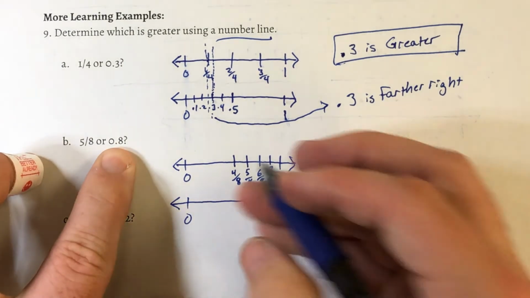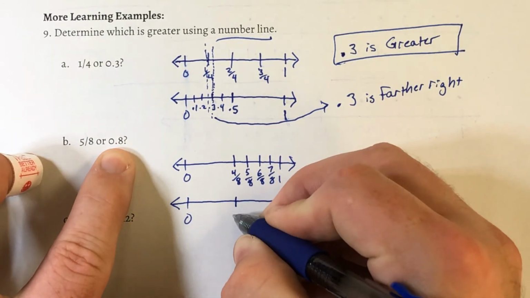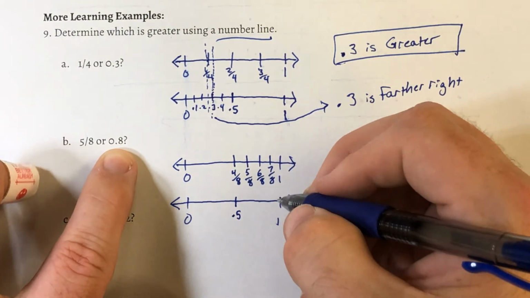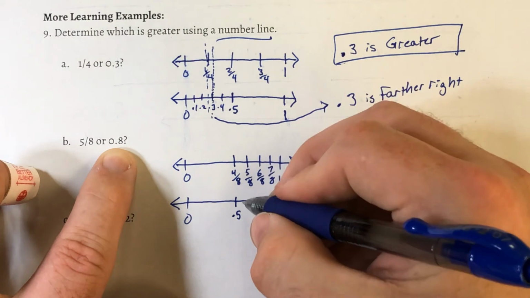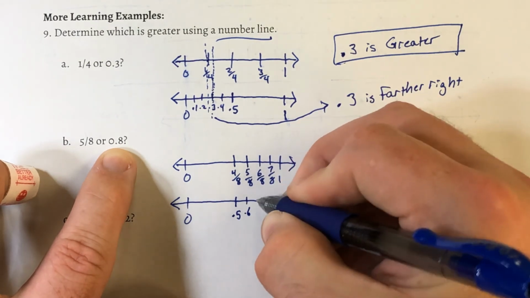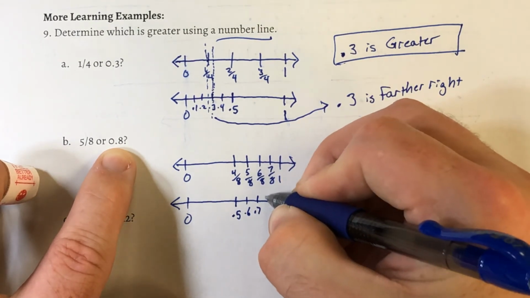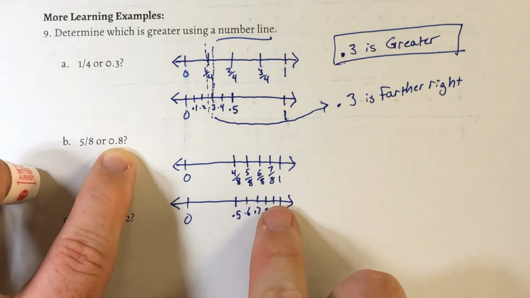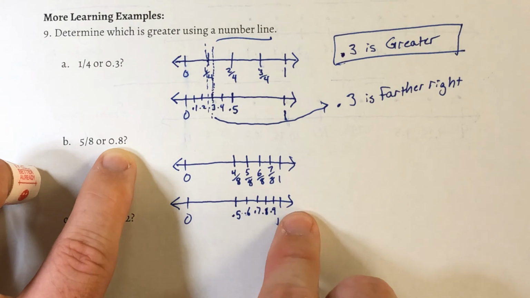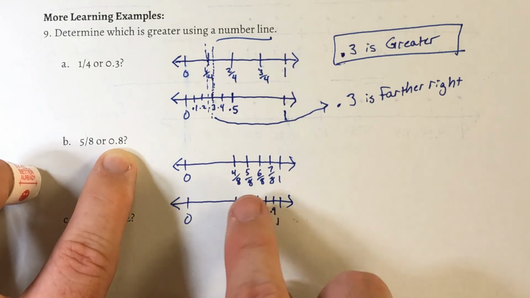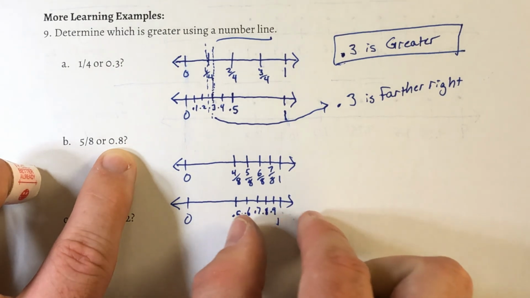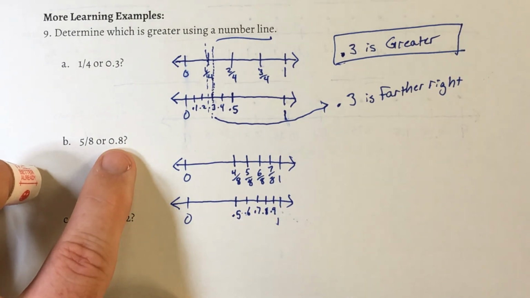All right, 0.8. I know 0.5 is smack dab in the middle, half. All right, I need 0.8, so it's going to be near the right. So 0.6, 0.7, 0.8, 0.9. I got a little scrunched up here, so we need to be careful with that. It looks like they are spaced out almost properly, but it's a little scrunched here.